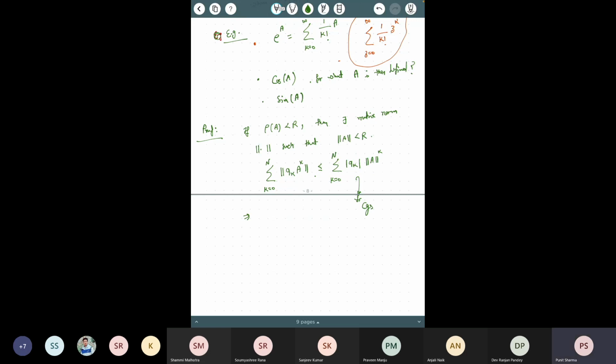So if this converges, the left hand side also converges. This implies that this also converges. But if the left hand side is convergent, this implies that the series of A to the power k converges by definition.